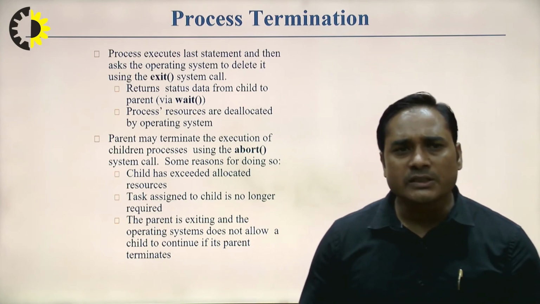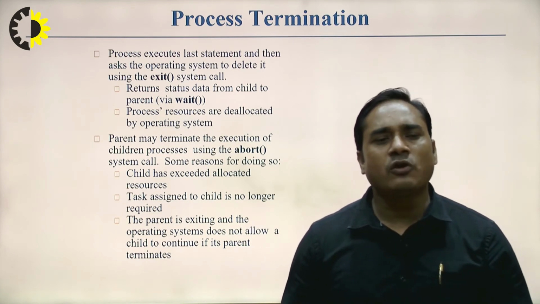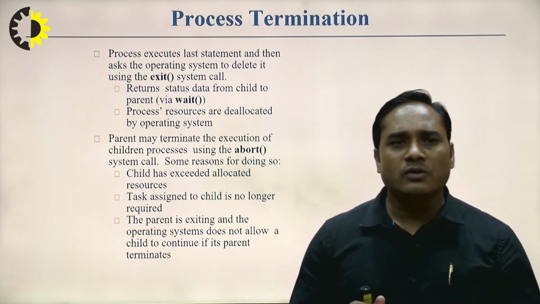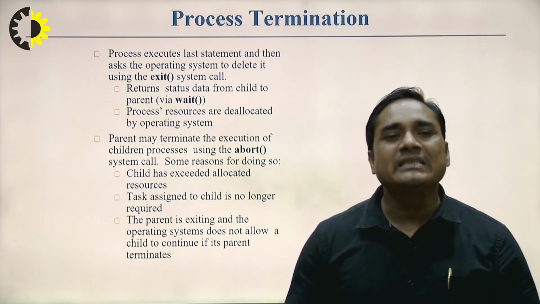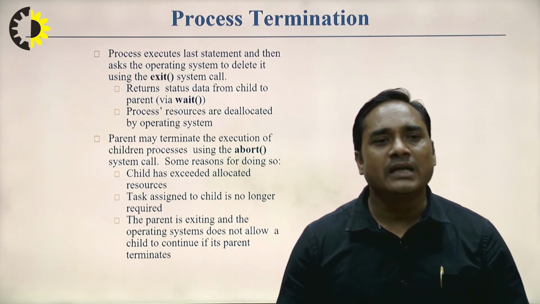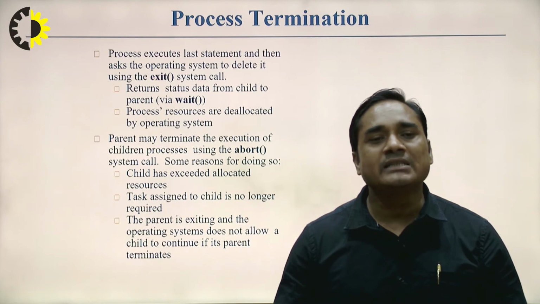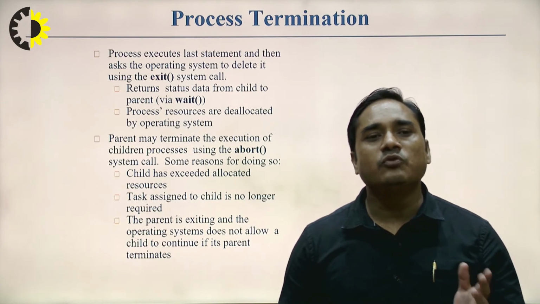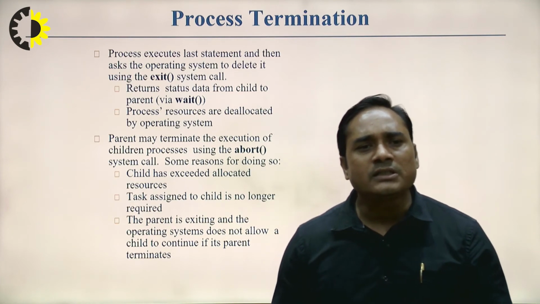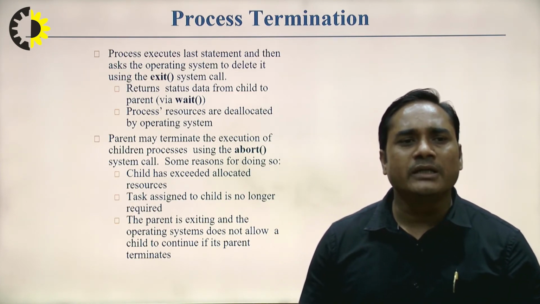It returns status data from child to parent by the wait state. If you are going to the waiting state, it means the process will wait in the waiting state, and it will give the next state, so that the process will move to the child state and go for execution. The process's resources are deallocated by the operating system.